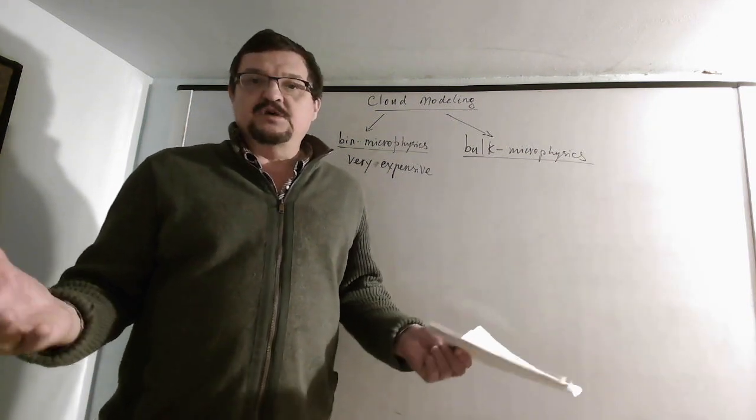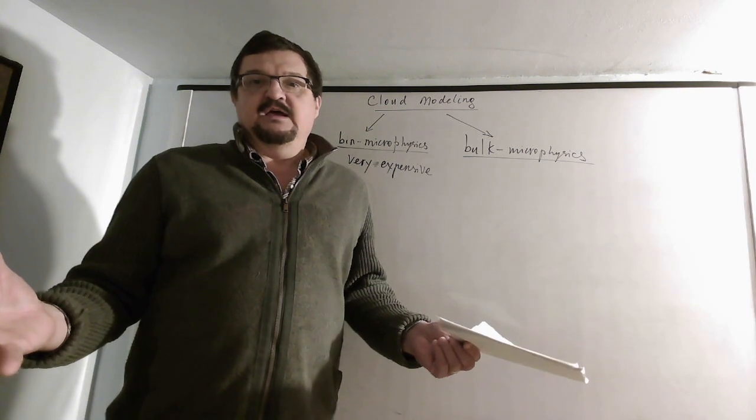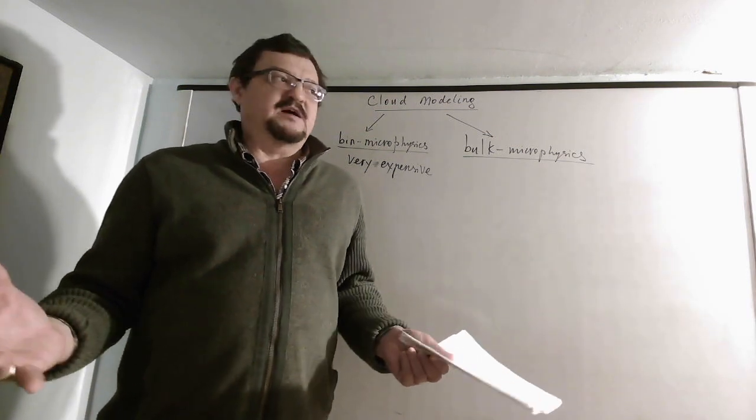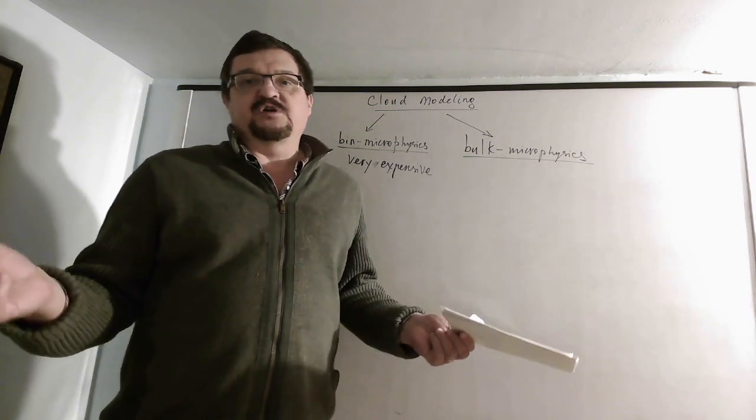It's known that smaller particles in clouds reflect and scatter sunlight, for example, much better than if you have bigger particles.